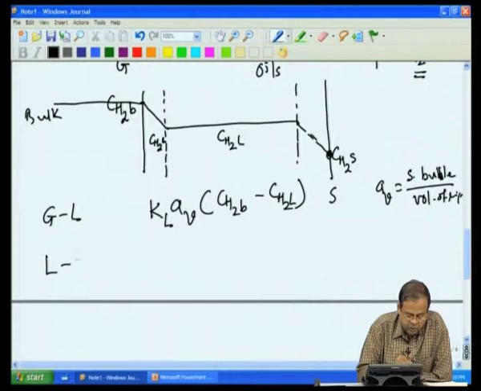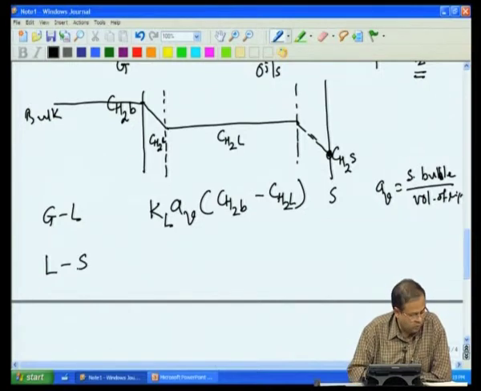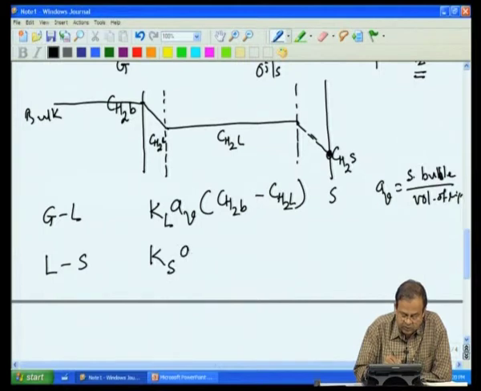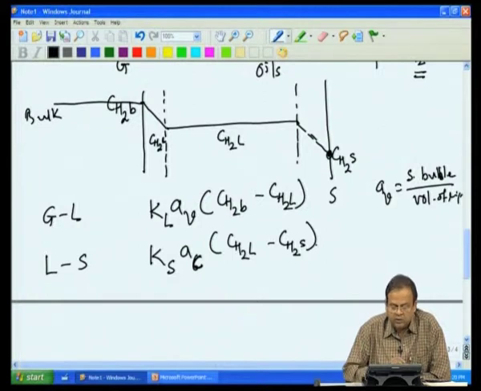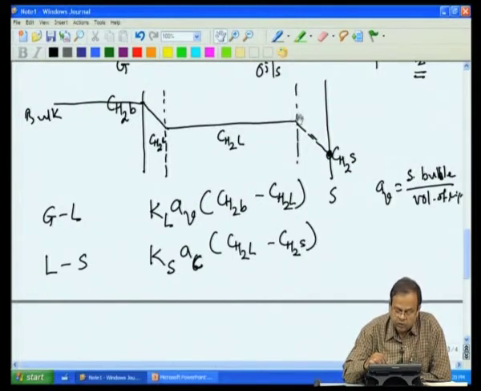Similarly, what happens at the liquid solid interface? We can write this as, once again, the driving force for mass transfer, the concentration gradient between the interface or the film and this interface.